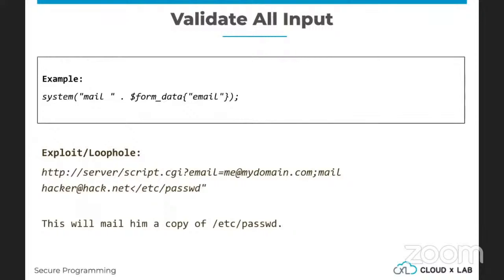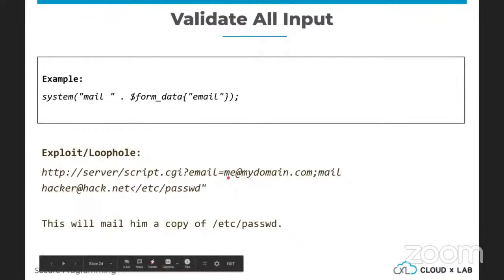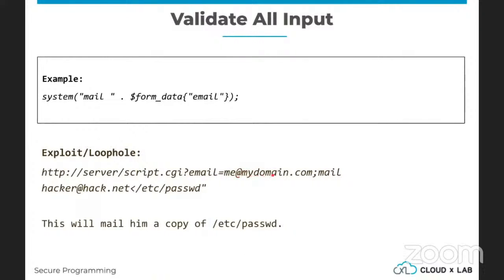What if the user writes the email like this: a valid email address followed by a semicolon, and then another command saying mail, space, hacker at some email ID, then an angle bracket and etc password.